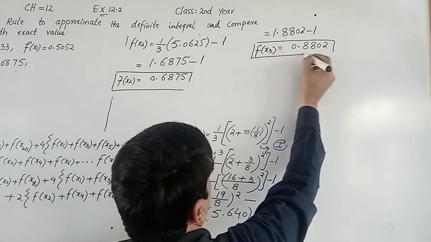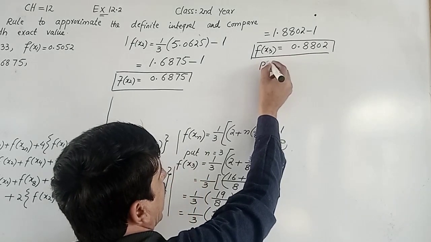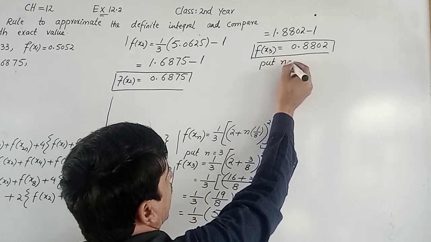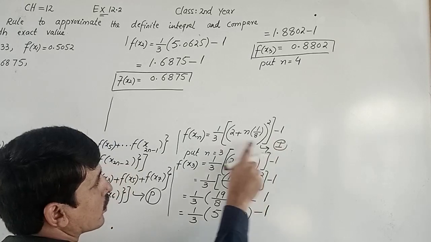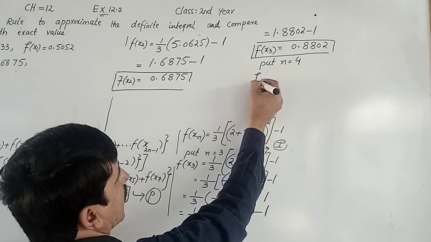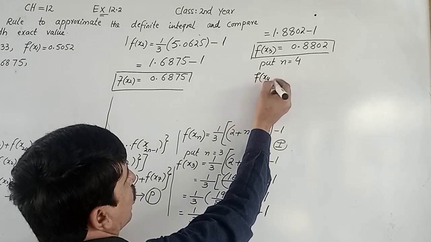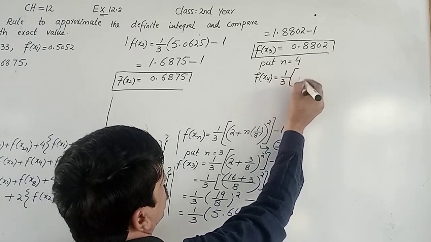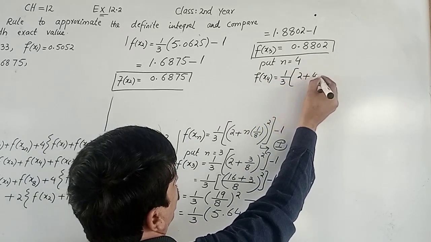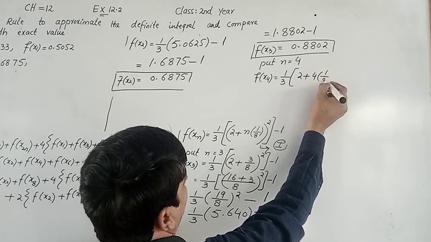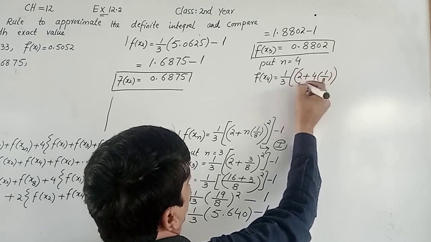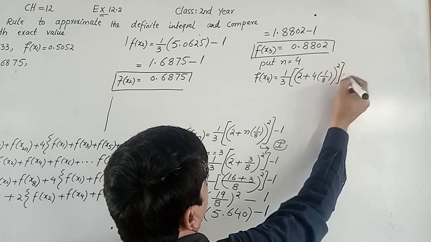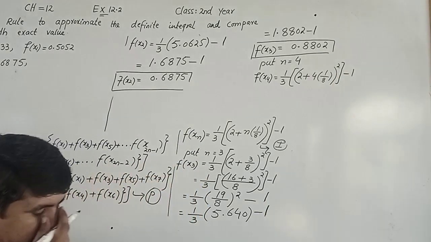Now put n is equal to 4 in equation number 1, so we get f of x4 is equal to 1 divided by 3, 2 plus 4 divided by 2 whole square minus 1.